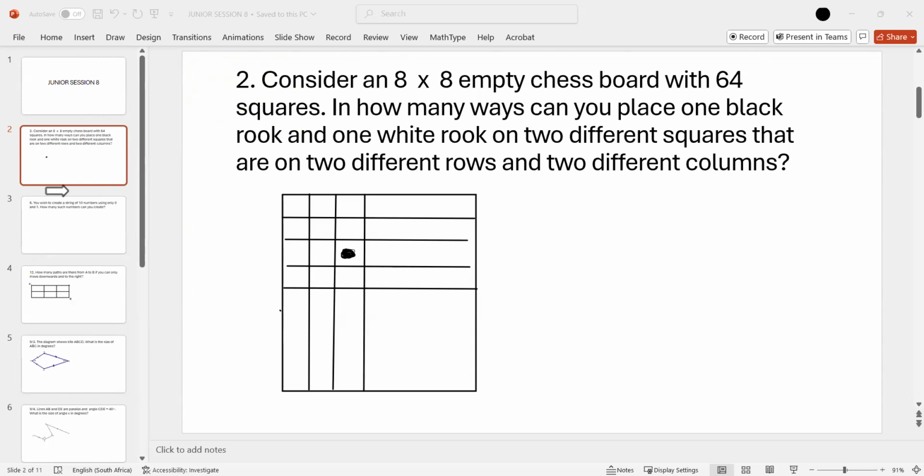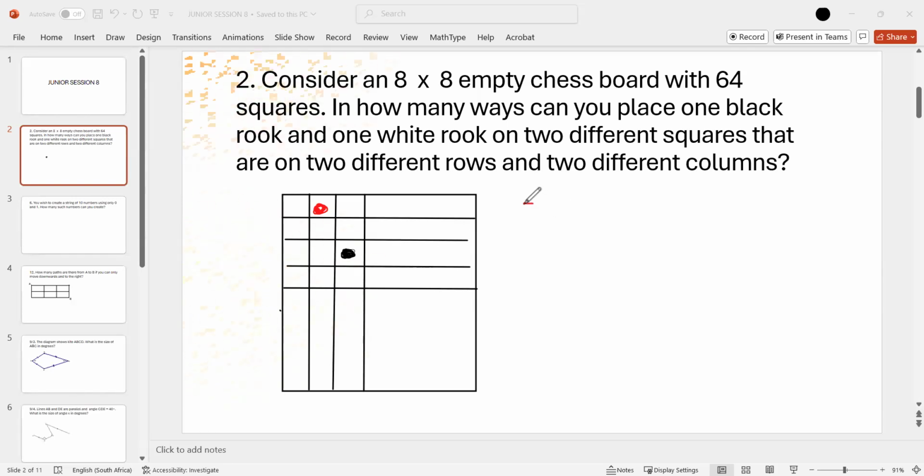Okay, so let's give a different color to the other rook. So like for instance, the other rook can be here. All right. So in how many ways can you do this? Now, there are only two choices you have to make.